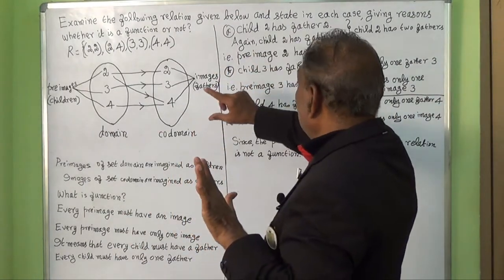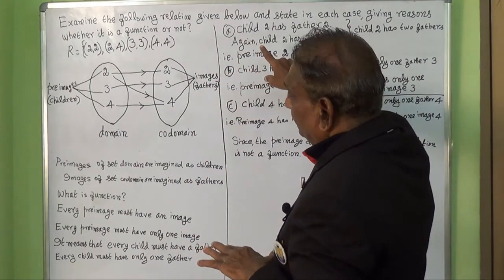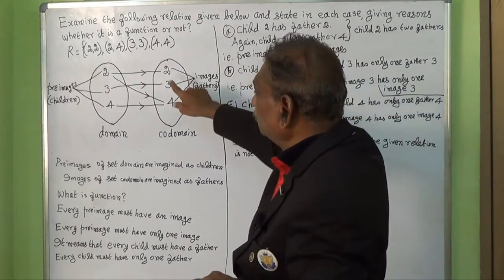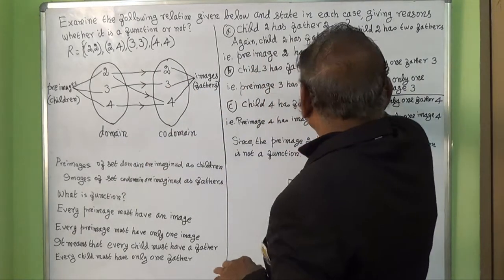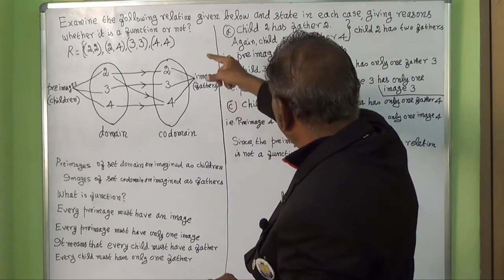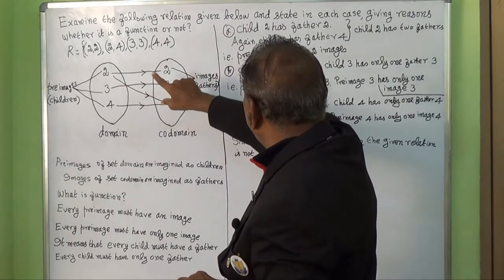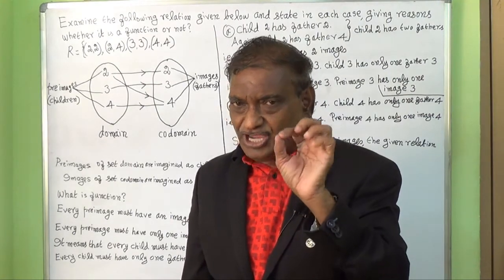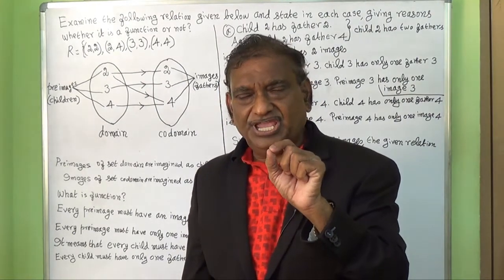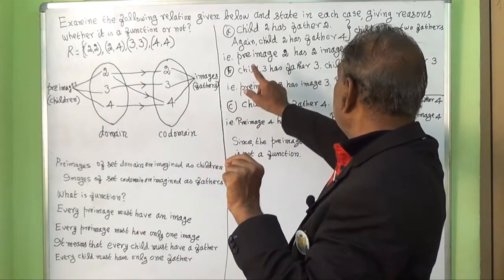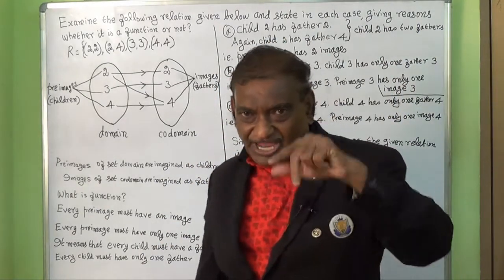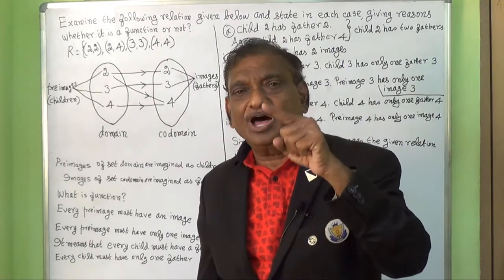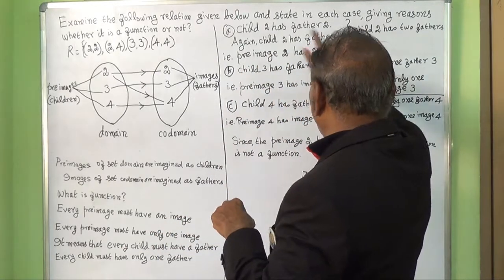Now let us explain. The child 2 has father 2. Again the child 2 is having the father 4. The first time the child 2 is saying his father as 2. The second time the same child 2 is saying his father as 4.